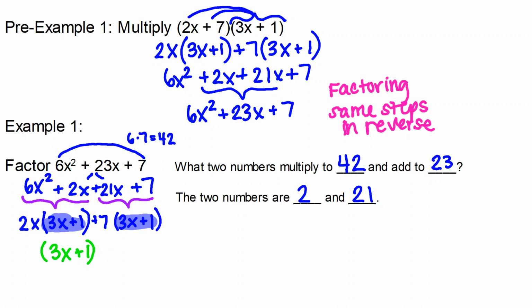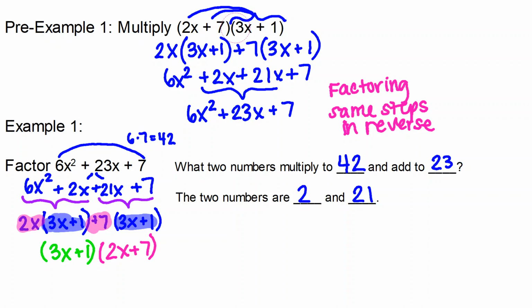And then that 2x and plus 7, that is going to be our other factor. And you can see that this is exactly the same as we started with. They are reversed, but that does not matter.